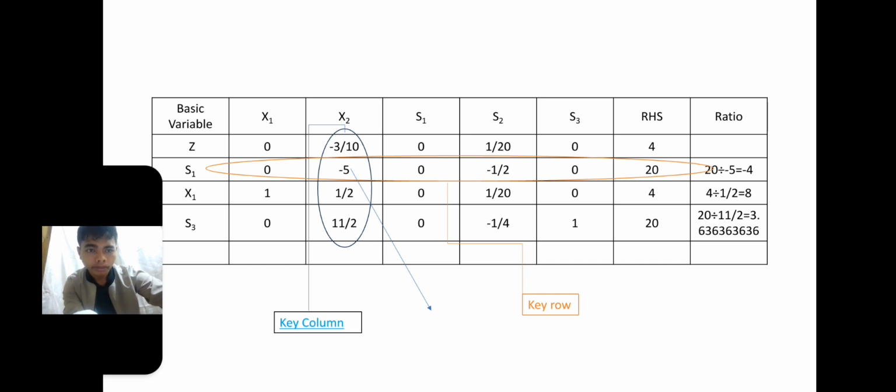And again, the one that is connected to the both is our key element, and that is the negative 5. Negative 5 will be our key element, and the key row will be divided by it.